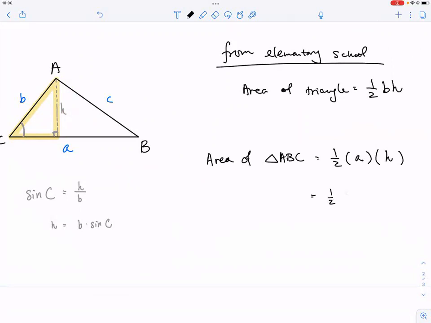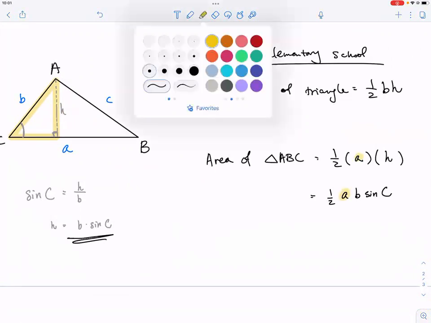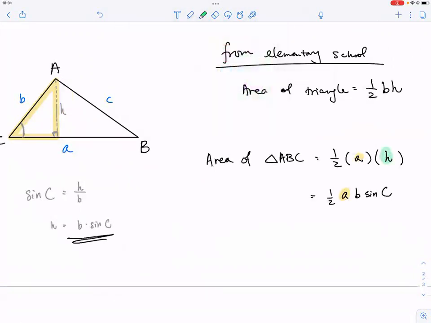Let's express the height using this. So A is the baseline, and your h right here is b times sine c. So that's why you have the equation at the very top.